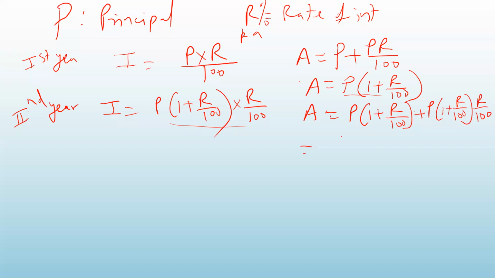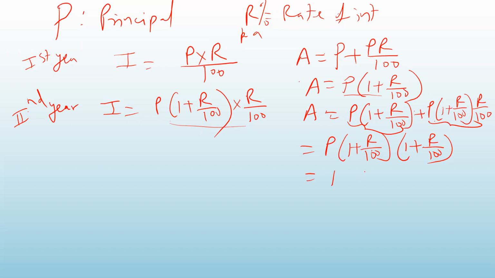Now from these two terms, if you take out this common, P into 1 plus R upon 100, you will get 1 plus R upon 100 from this term and this term. So that will give you P into 1 plus R upon 100 into 1 plus R upon 100, that means raised to power 2. So you will get this.